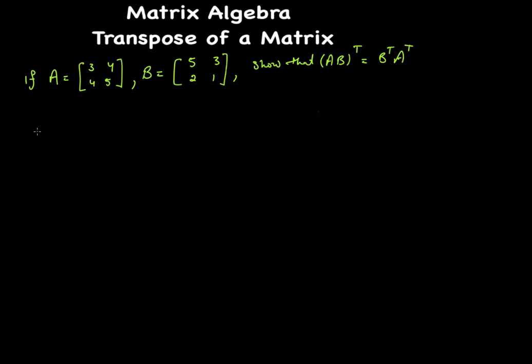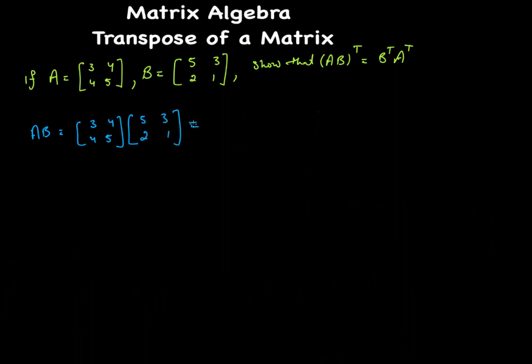Okay, so let's do it. First of all, let's find the product of A and B. So AB is equal to 3, 4, 4, 5, multiplied by B, which is 5, 3, 2, and 1.